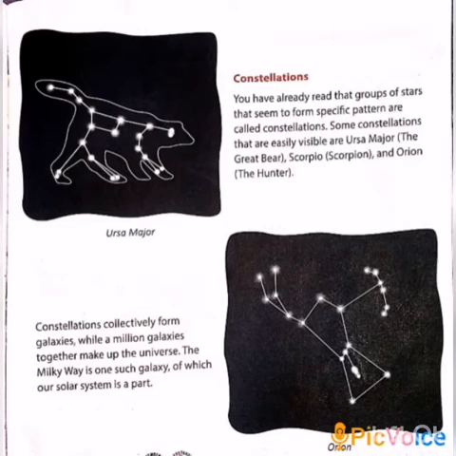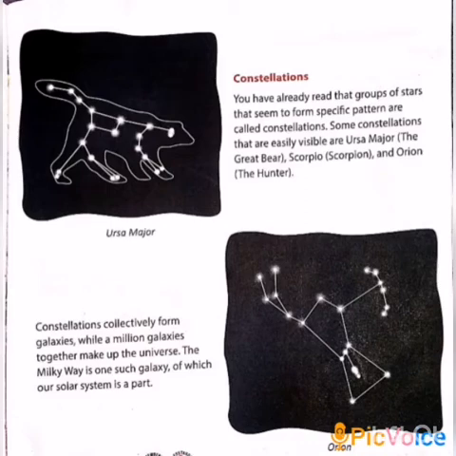Some constellations are easily visible. Examples: Ursa Major, the Great Bear, Scorpio, Orion, etc. Ursa Major is the Great Bear, a bear-like structure of stars. Then Scorpio, Orion, like that.